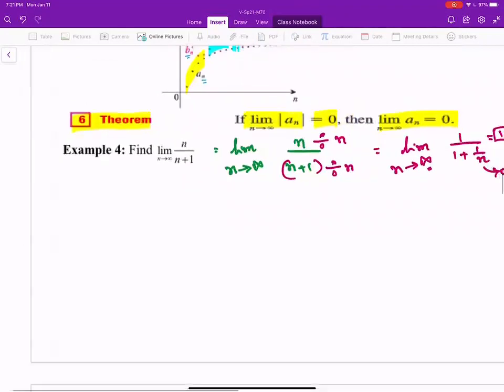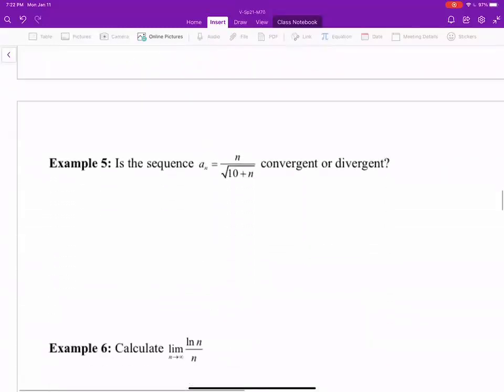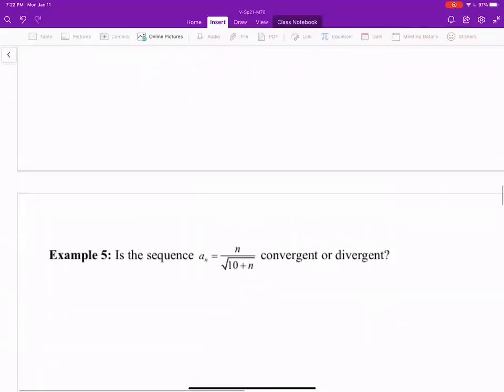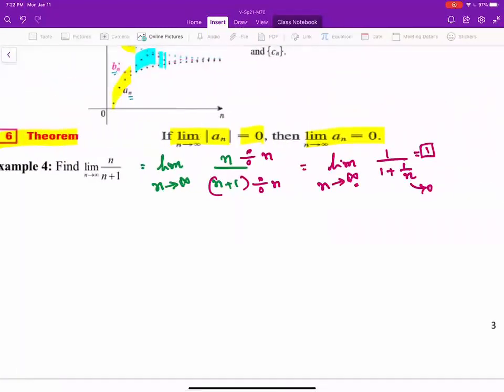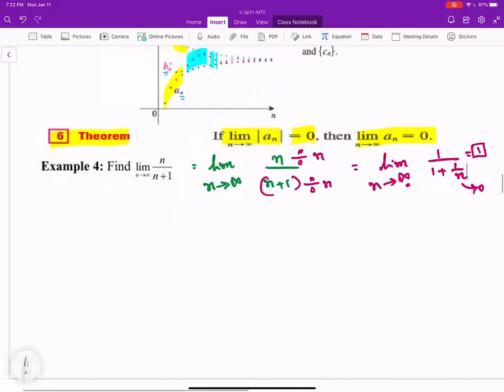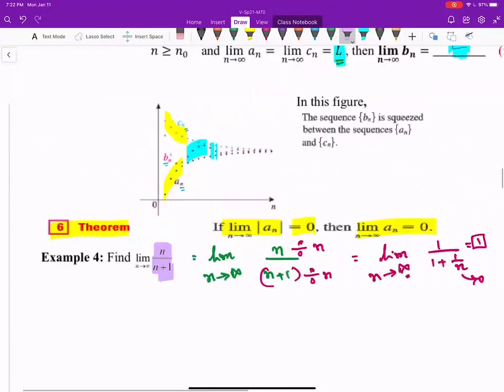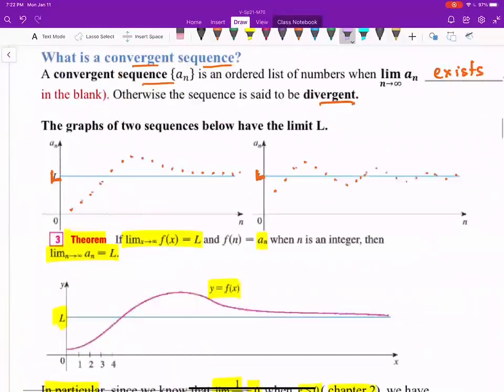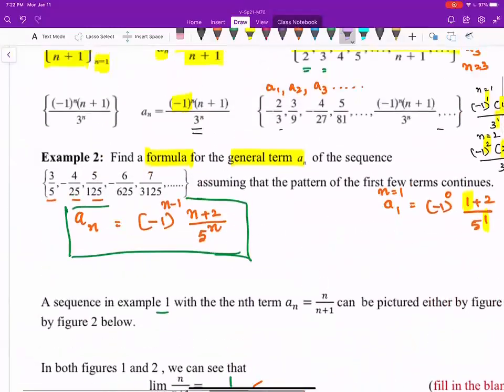Here we found in the earlier example the limit of n divided by n plus 1, and the conclusion is that the limit is equal to 1. This was the very first example we gave regarding sequences.